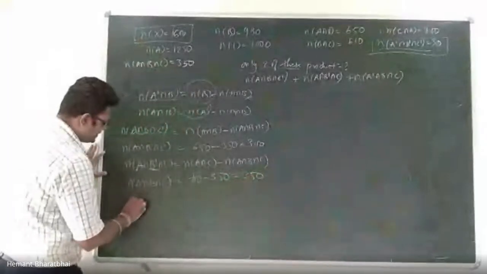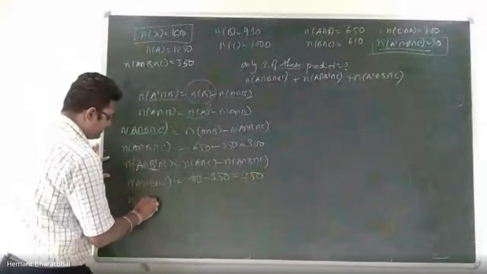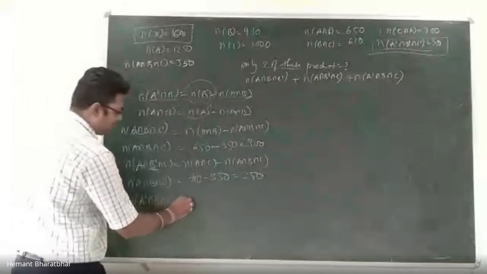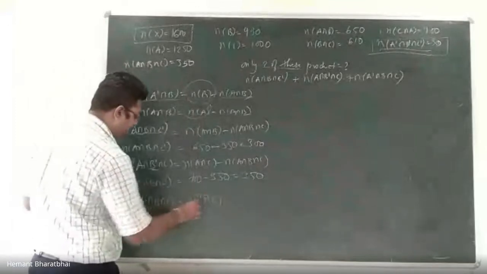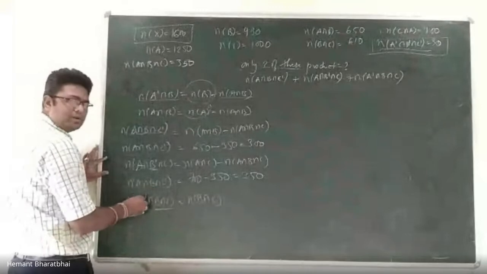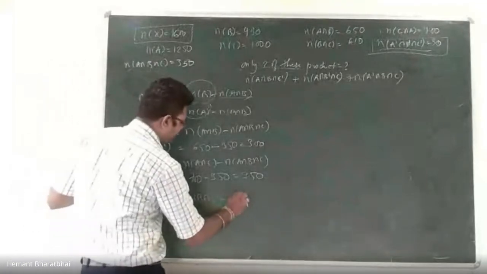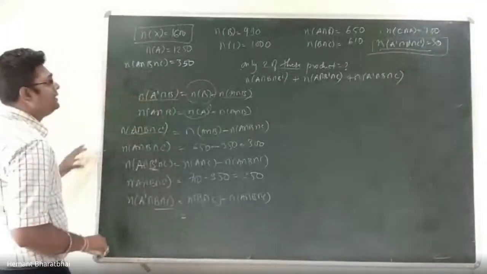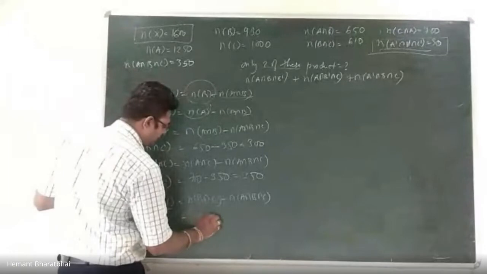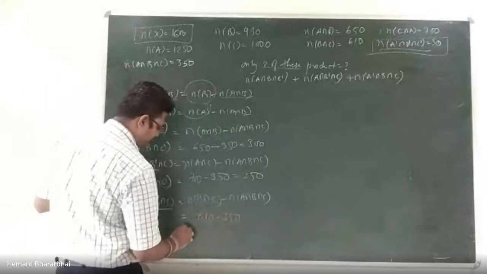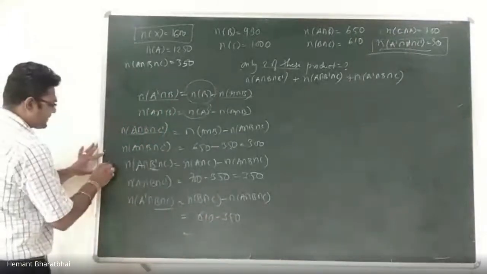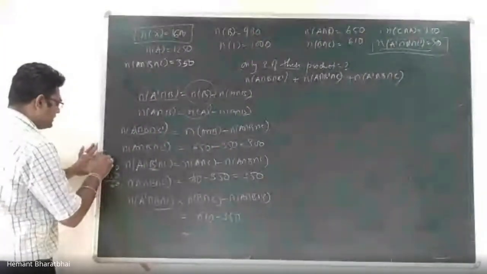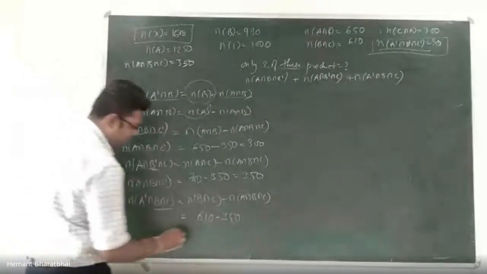Then the number of elements in A complement intersection B intersection C. Now I have A complement, so I will not write A complement, I will just write the number of elements in B intersection C, minus the number of elements in A intersection B intersection C. That would be B intersection C, 610, minus 350. 610 minus 350, this is 0, 11 minus 5, that is 6, that will be 260.